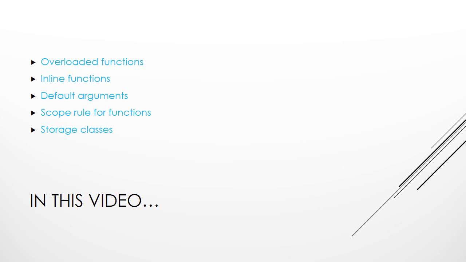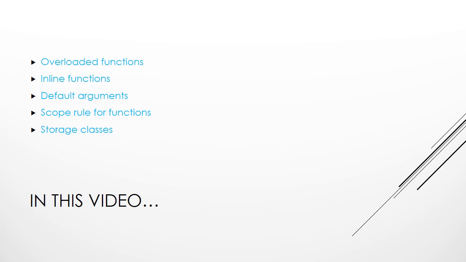There are inline functions, that is I can use the function several times inside my main function just by giving the name inline before the declaration. There are default arguments, that is if I don't give an initial value, the compiler itself will give an initial value to my arguments.